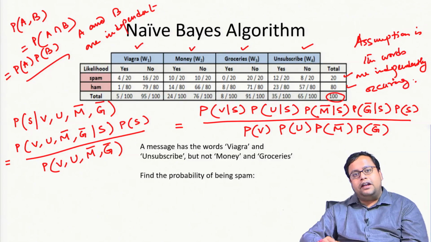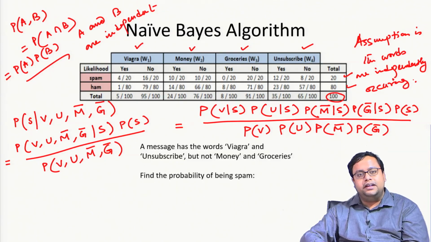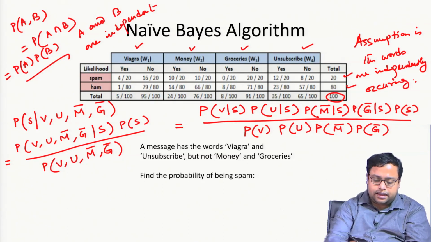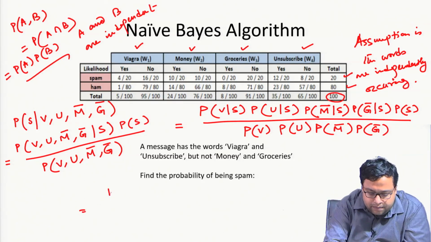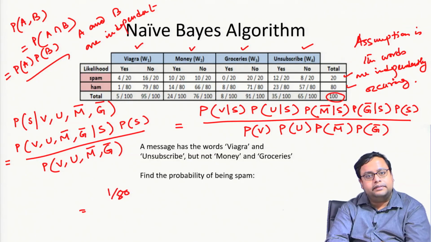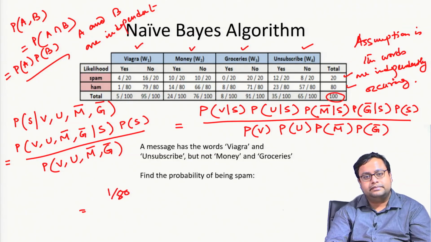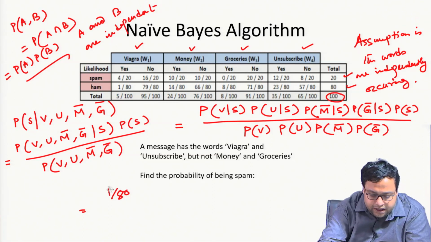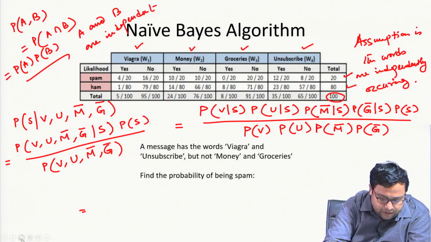Now, tell me the value of V given S. Given that it is spam, what is the probability that it will be Viagra? It will be 1 by 80, right? Check carefully. No, no, it will not be 1 by 80. It will be 4 by 20.